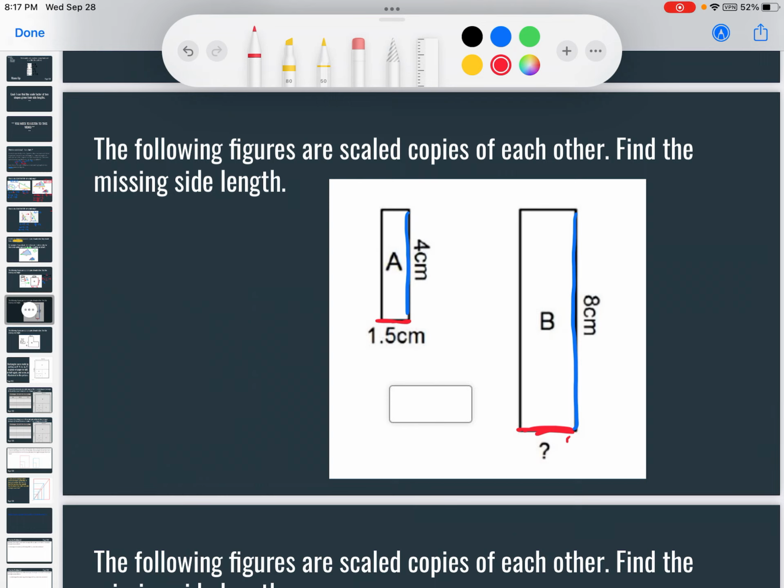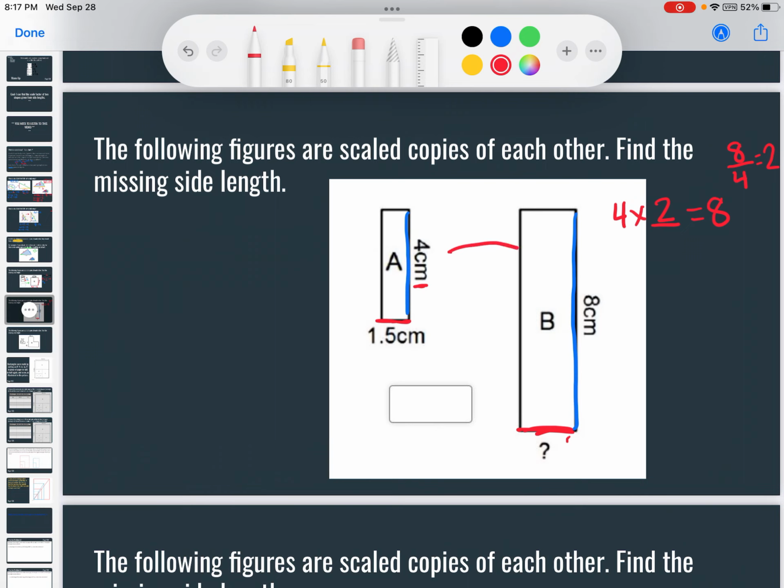So we need to figure out what our scale factor is. So we have to figure out 4 times what equals 8, right? Because 4 was my original, and I got to 8. And again, hopefully this is an easy one for us. We don't have to do the division, but if we didn't know, remember, you could just do 8 divided by 4 to figure out our scale factor is 2.